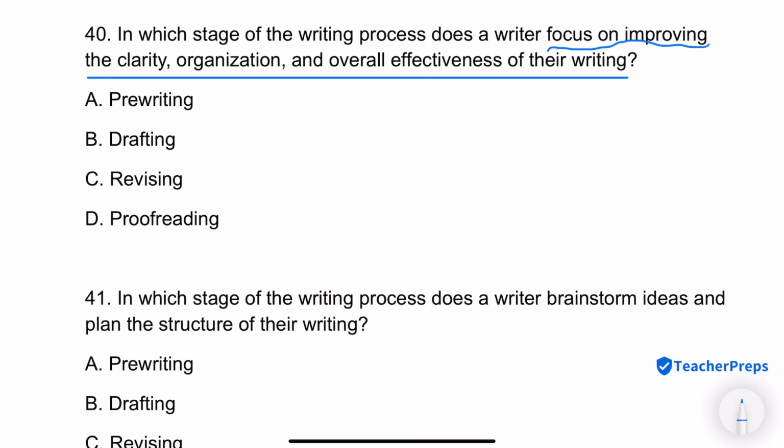All right, for this, I'm going to go with revising, because revising is different than proofreading. When you revise, you're looking at the big picture, and you might reorganize entire paragraphs, add more details, or delete sentences that just didn't work or didn't fit. And it's about making the ideas better. So remember this, revising is for ideas, and proofreading is for errors.